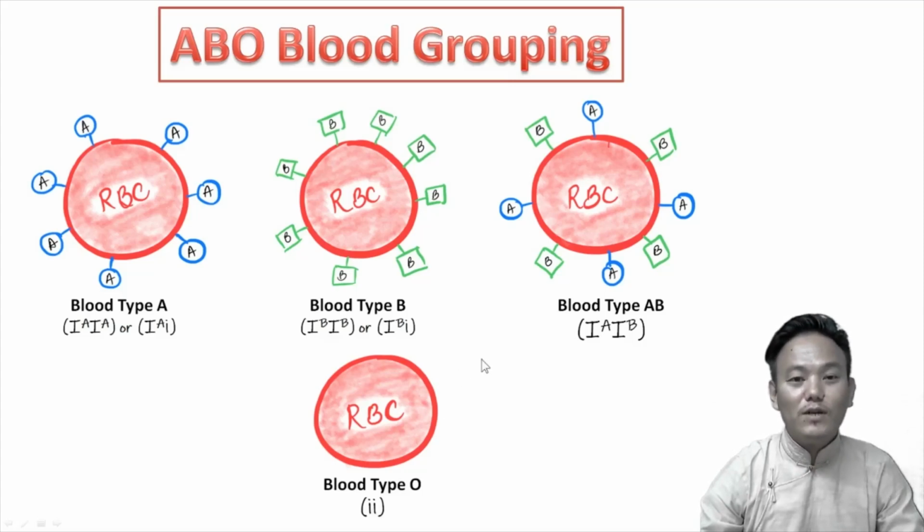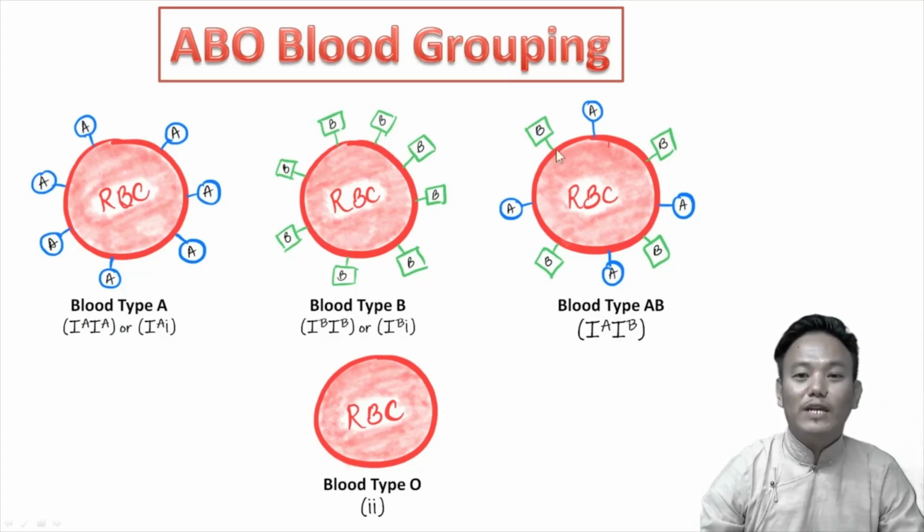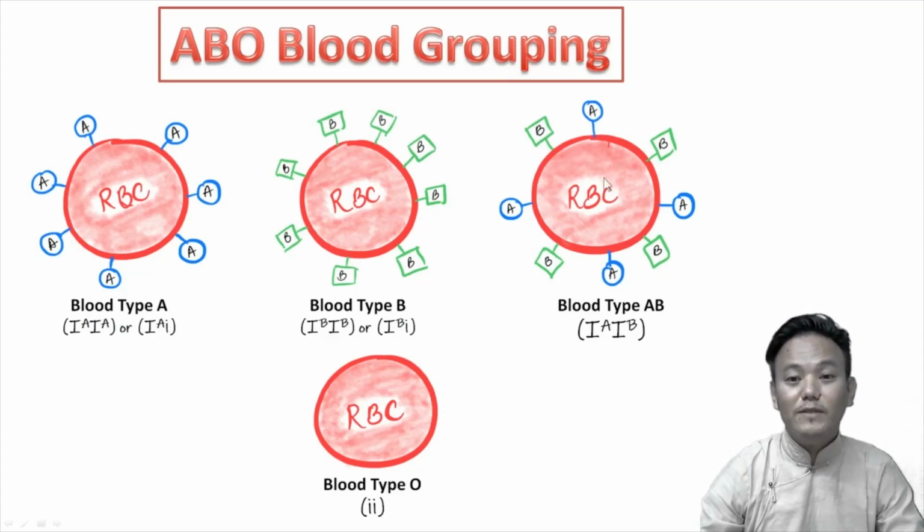So this is a good example of codominance. A simple picture like this one can explain the phenomenon of codominance. When IA and IB, which are equally dominant, are present together, both will get to express their phenotype, that is both the sugar polymers will be present on the RBC surface and the blood type will be AB.